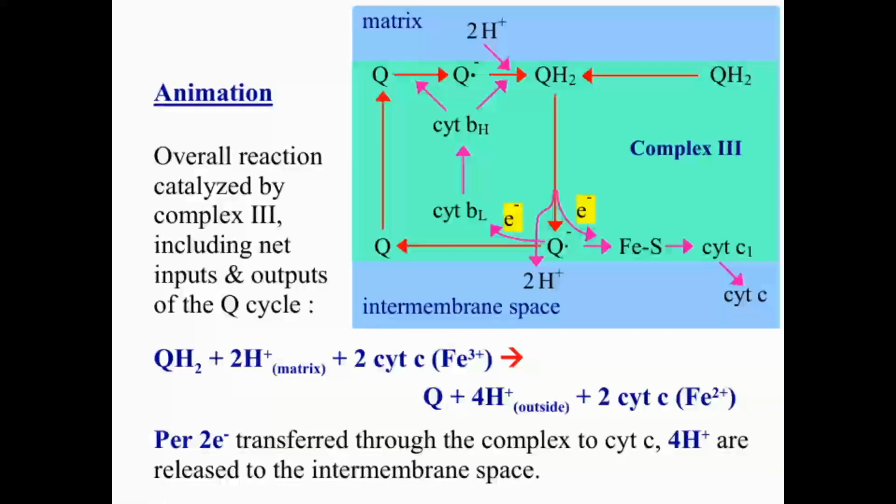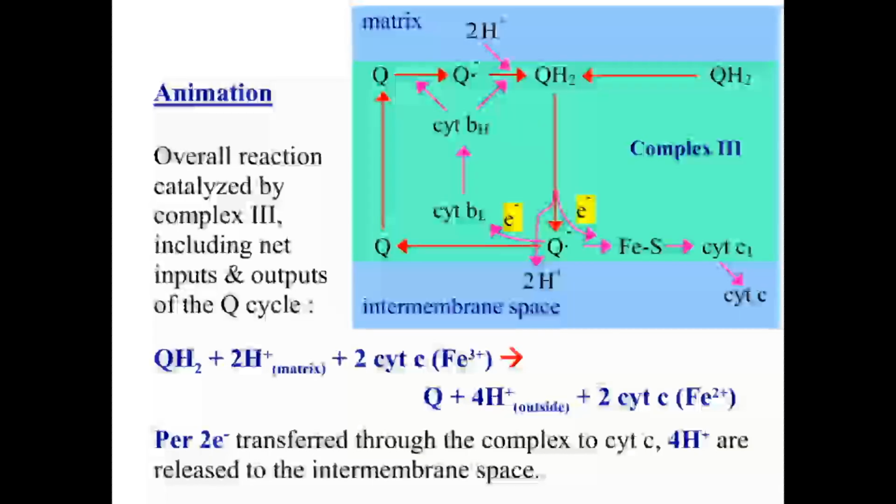That's what we see as the 4H+ outside. Simultaneously, electrons are transferred through the complex to cytochrome C, reducing it from Fe3+ to Fe2+. The net effect is that for every 2 electrons transferred, the complex releases 4 protons into the intermembrane space, contributing to the proton gradient that drives ATP synthesis.